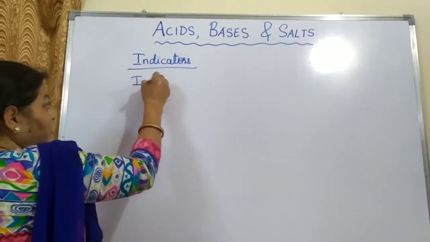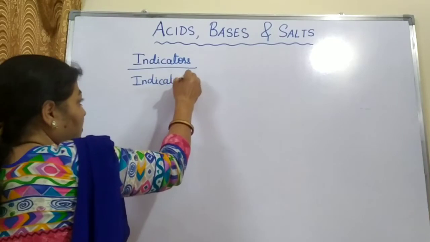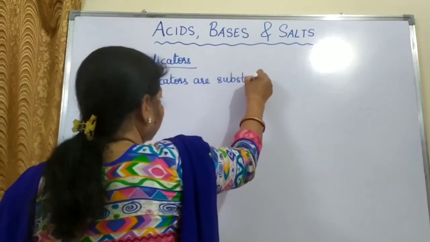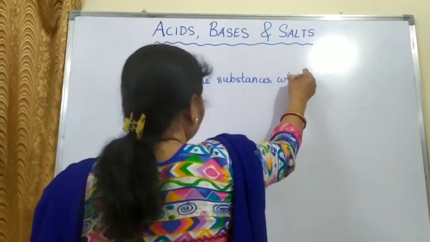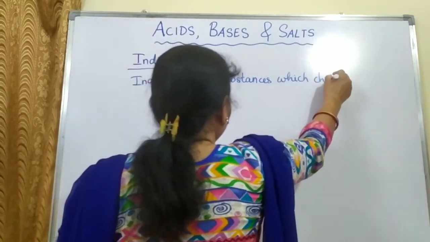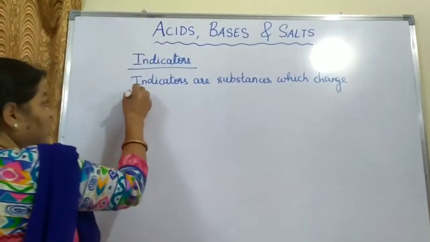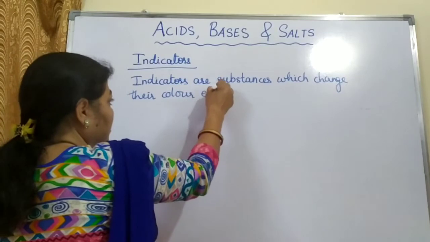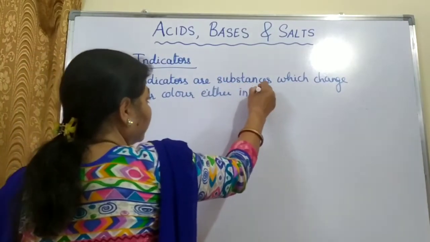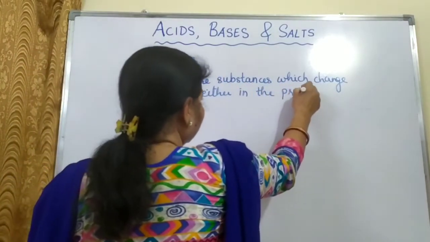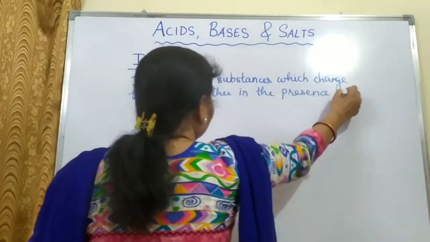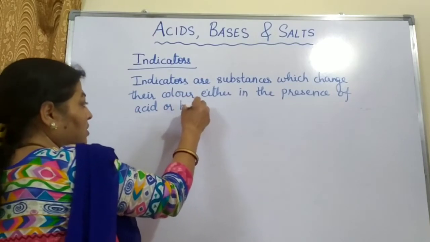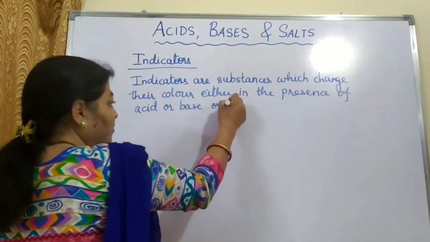Indicators are substances which change their color either in the presence of acid or base or both of them.